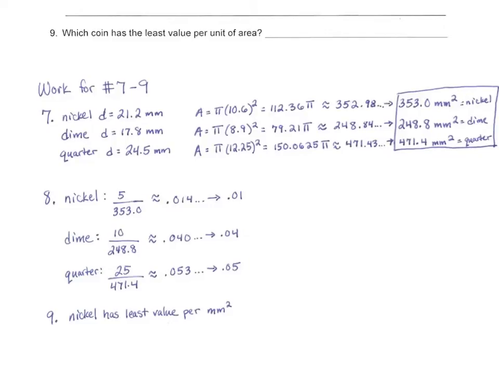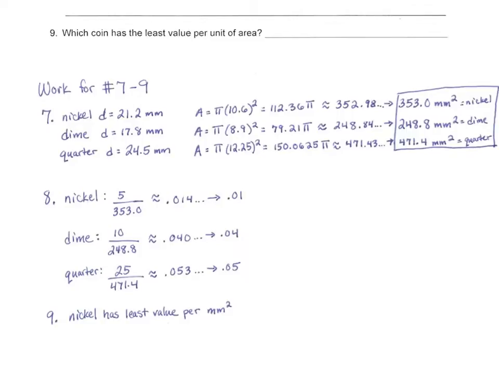When I square each of those, I get a value in terms of pi first. And then in my last step, I'm going to apply the times pi value in my calculator. And then each of those is going to get rounded to the nearest tenth.